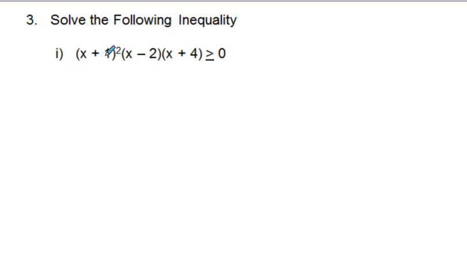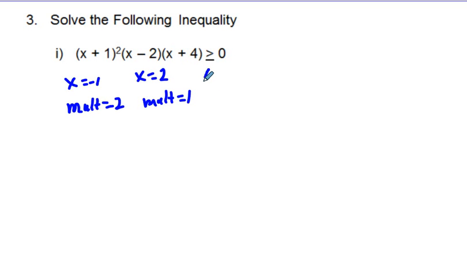Okay, the first zero we're going to have is x is equal to negative 1, and that zero is going to have a multiplicity of 2. And then we're going to have x is equal to 2, that's a multiplicity of 1.